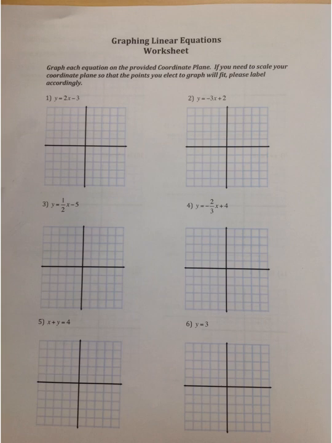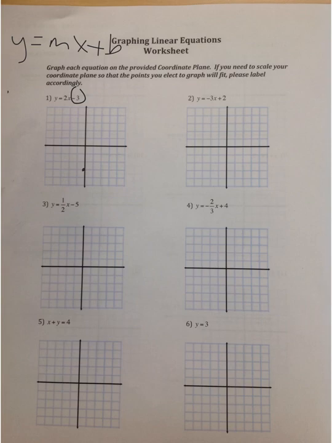The other thing that we have to remember is how to graph linear equations. So this is a little review on graphing linear equations, which will help us when we have to shade them. So remembering we have y equals 2x minus 3. This is in y equals mx plus b format. We're going to go over to the y-intercept, which is -3, and that's where we start, (0, -3).